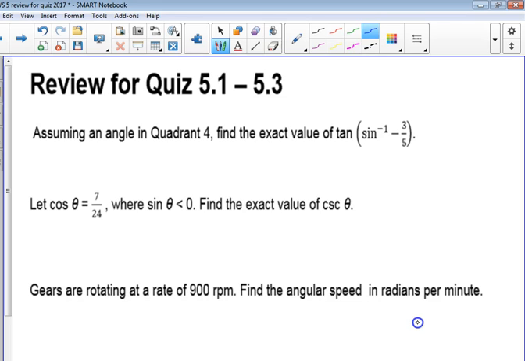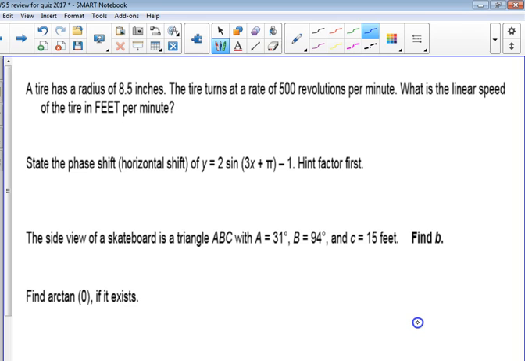The first two you would draw. Those seem okay? The first one is the inverse one. The second one is more just a draw and figure out which quadrant you need to be in. Then there's an angular velocity, okay? Then there's a linear velocity.